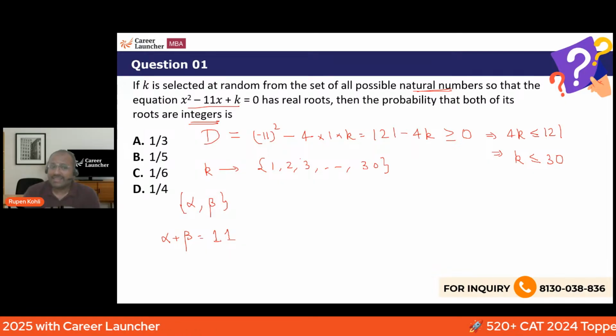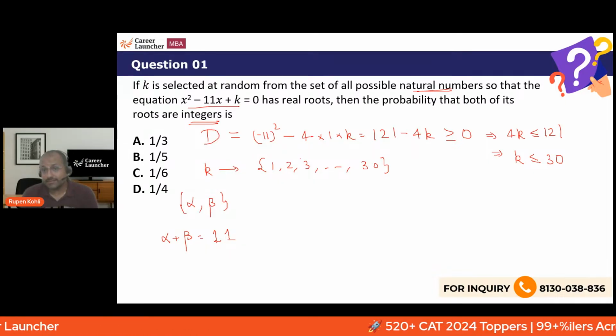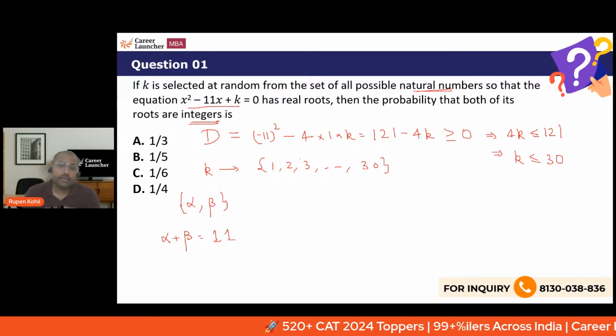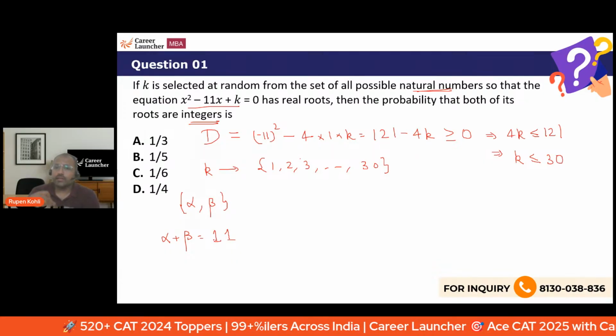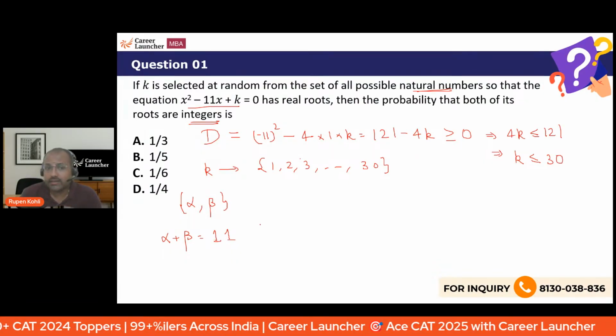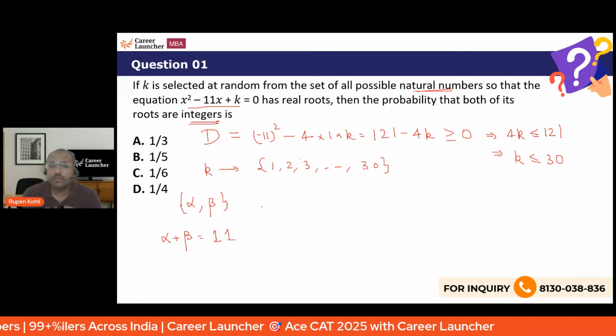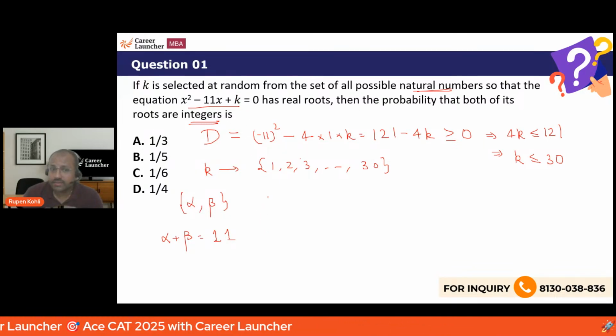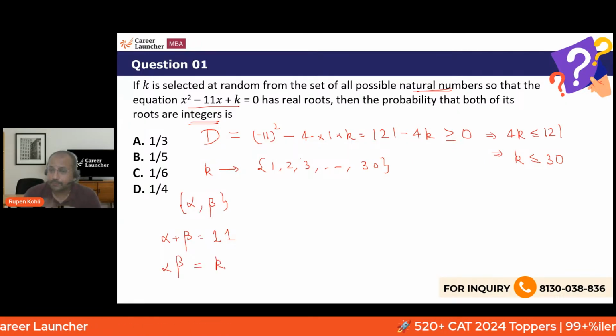So the roots are integers and their sum is 11. Now we need to think what kind of values we can use such that k is also a natural number. What is k? K is nothing but the product of the roots, isn't it? So alpha into beta, the product of the roots, is k.